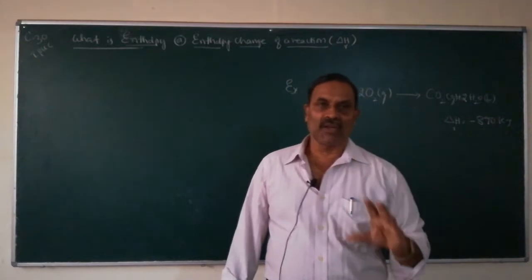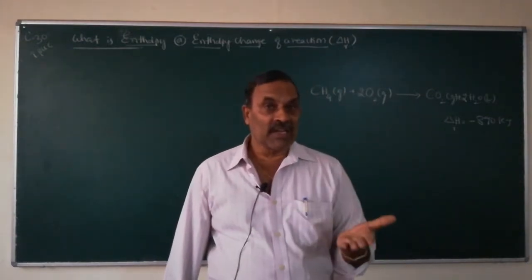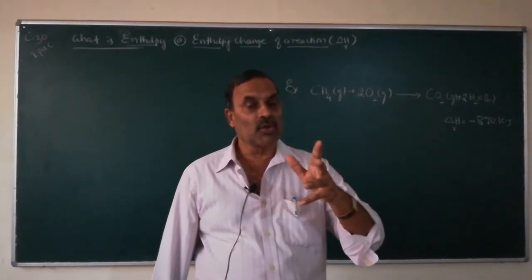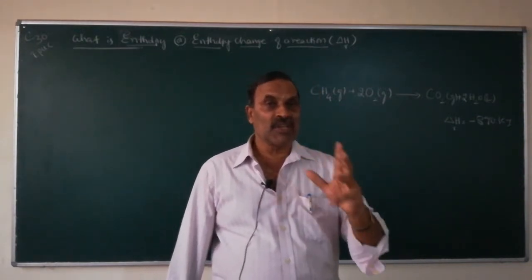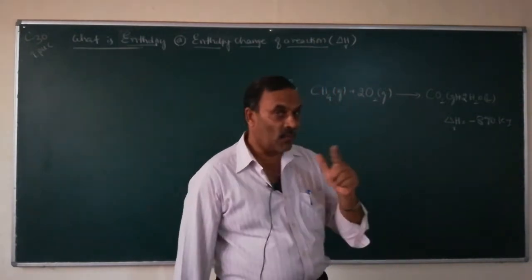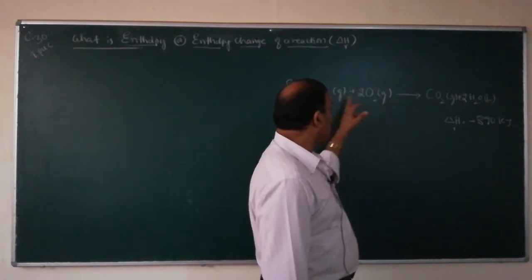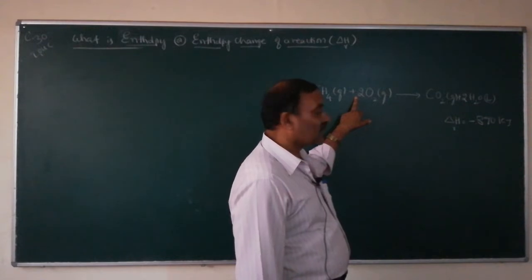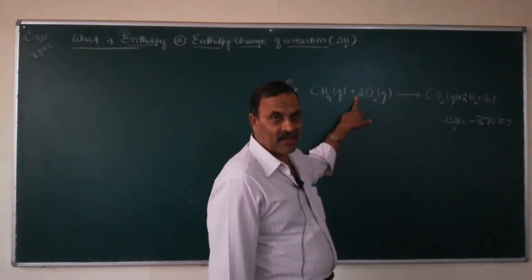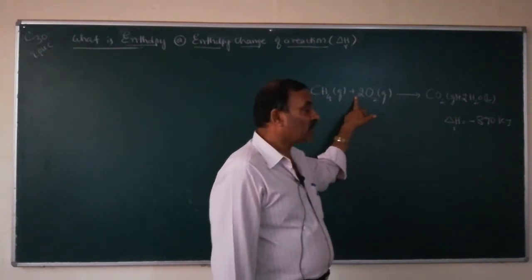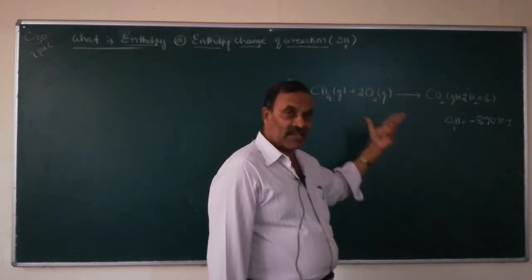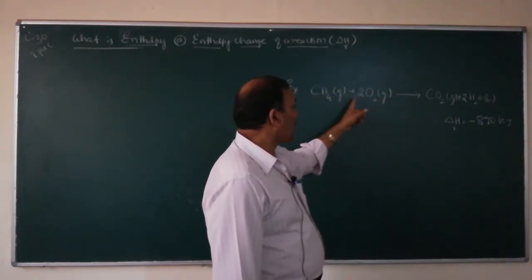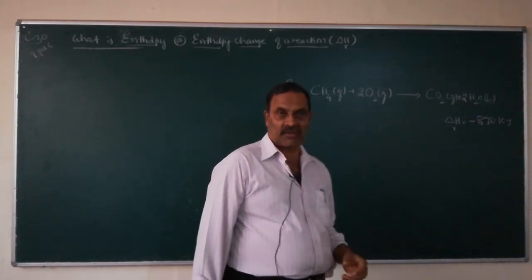So in one word, the amount of heat liberated or absorbed can be said as the enthalpy change produced when reaction takes place between molar quantities of substances, that is reactants, as indicated in the balanced chemical equation.